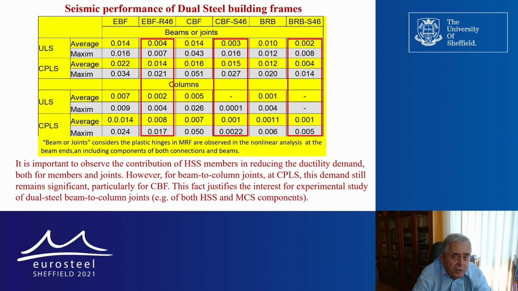Of course, it is even smaller for serviceability limit. Even for collapse prevention limit states, where the values are higher, they still are remaining at the level of being possible to be in most cases repairable after the earthquake.